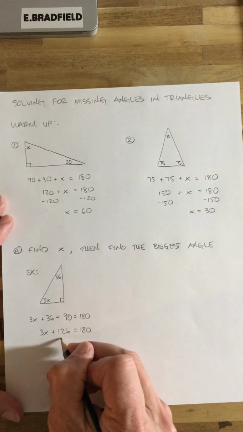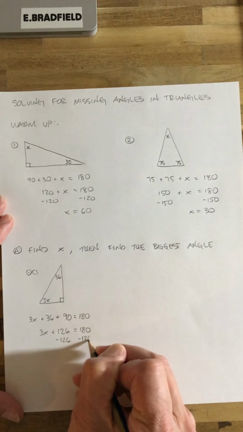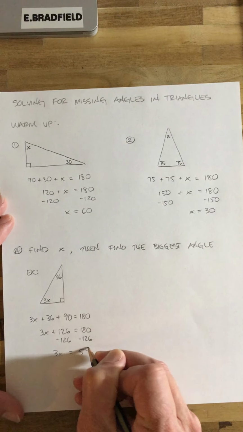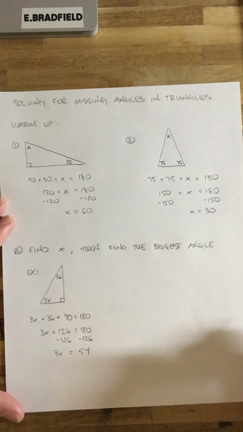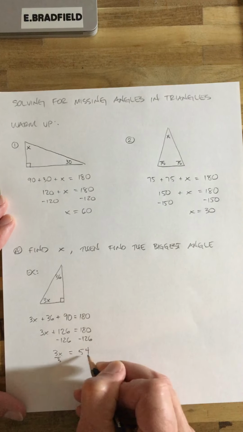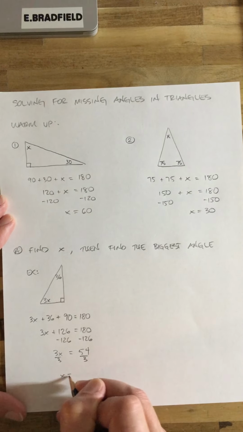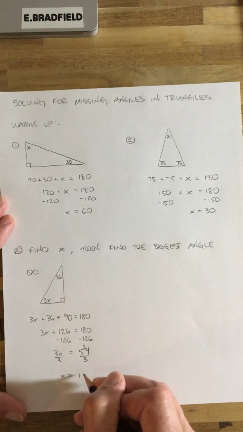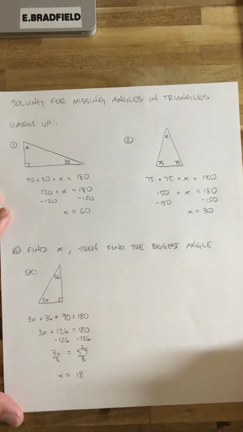Okay, subtract off 126. And we get 3x equals 54. All right, divide by 3, and x equals 3 goes into 5 once with 2 left over. 3 goes into 24 8 times, so x equals 18.